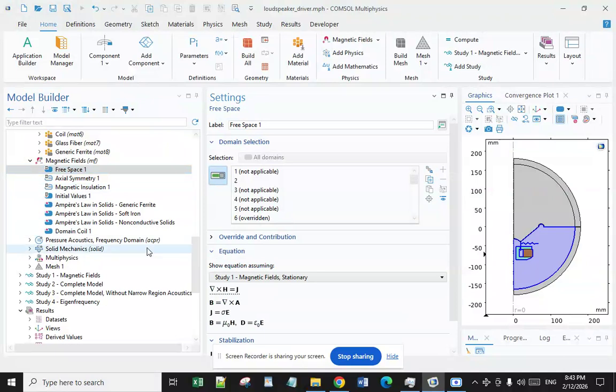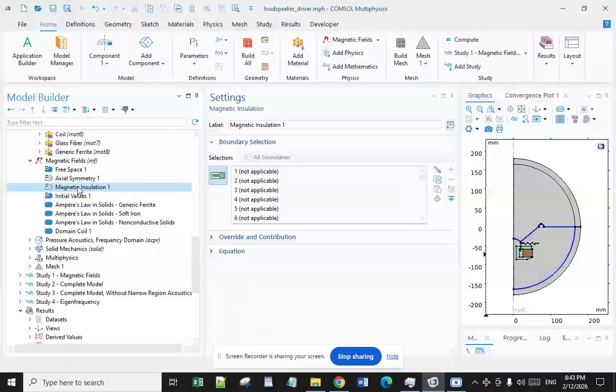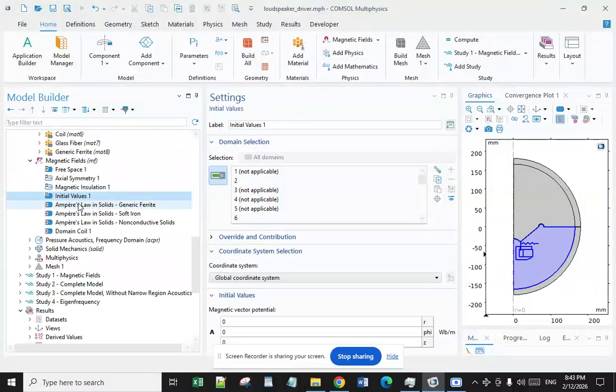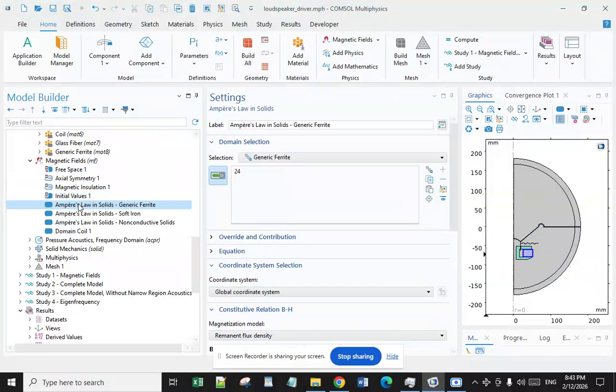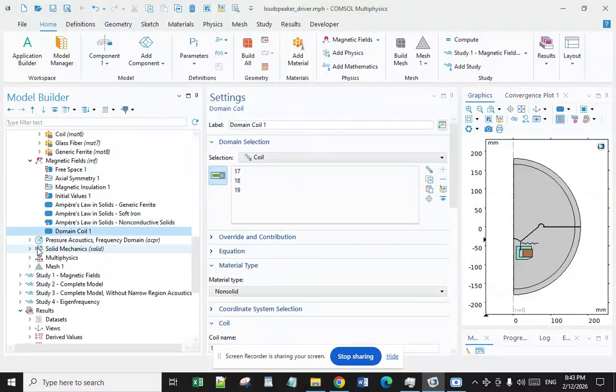And the equation that you can see is based on magnetic fields stationary and magnetic insulation, initial values, Ampere's law in solids. You see that this Ampere comes from this small rectangle, and soft iron is outside the rectangle, and non-conductive is the wire that is here, the blue wire, and the domain code.